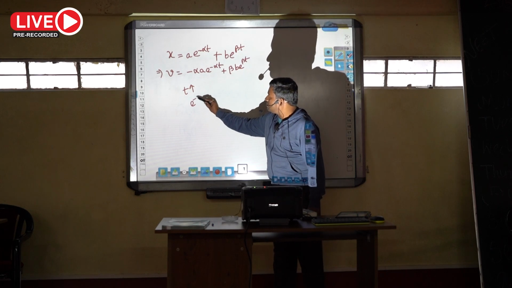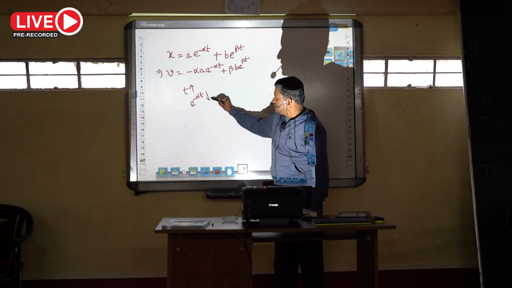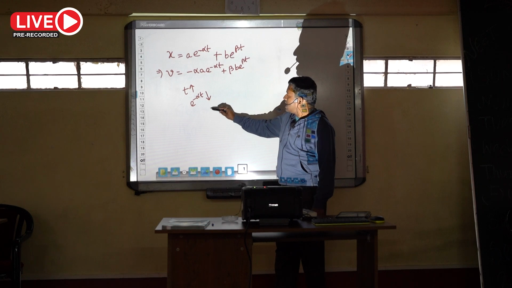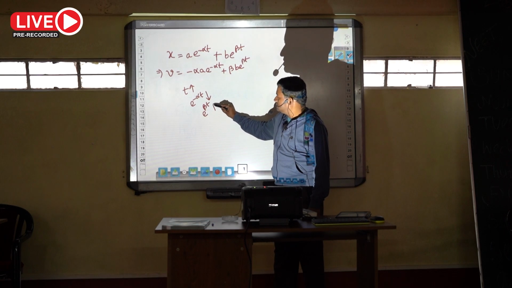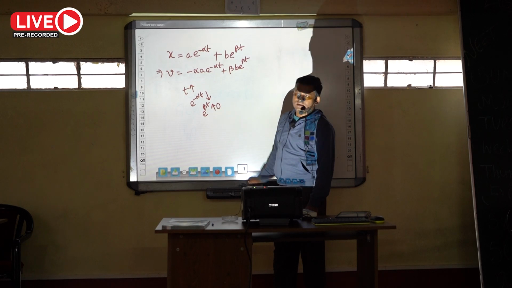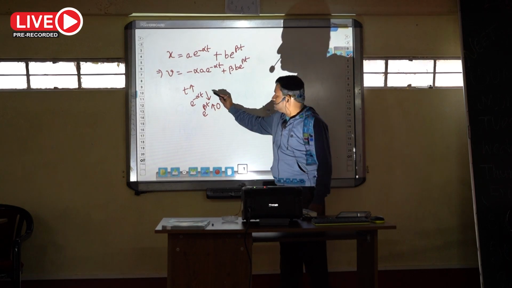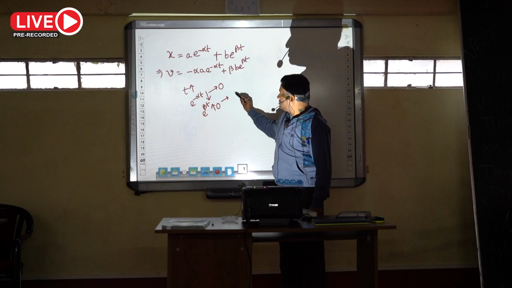This term e to the power minus alpha t will decrease and e to the power plus beta t will increase. Now exponential term, when t tends to infinity, this term tends to zero and this term to infinity.